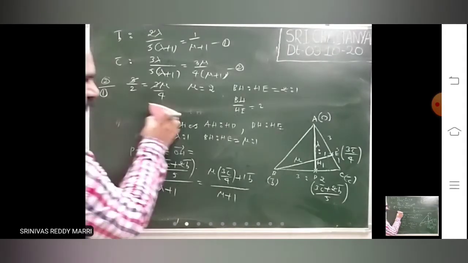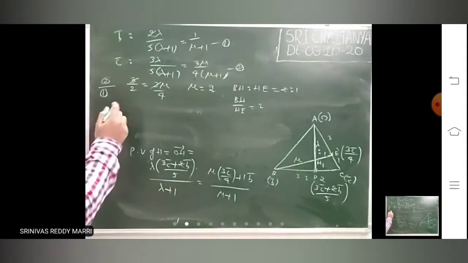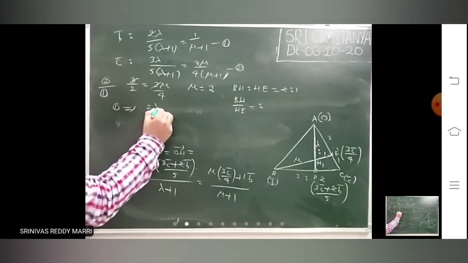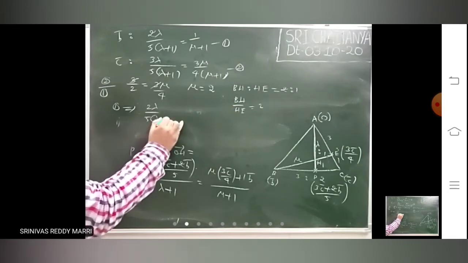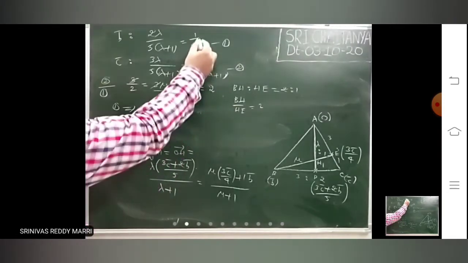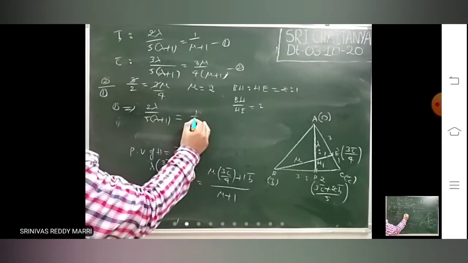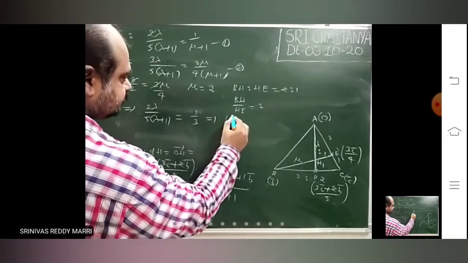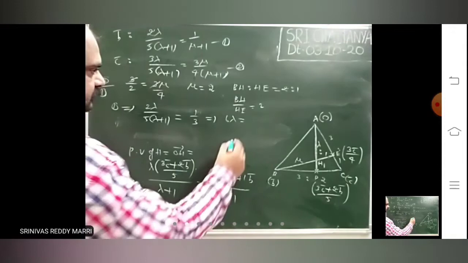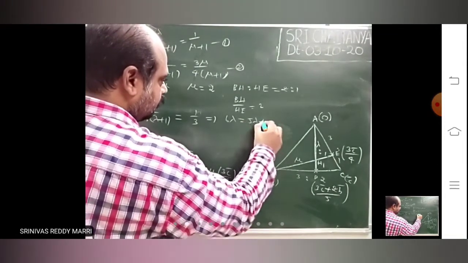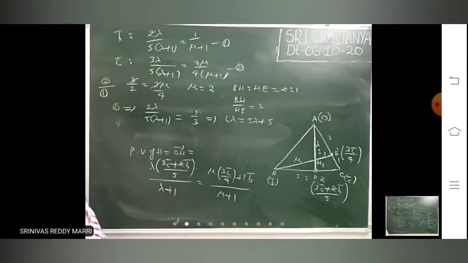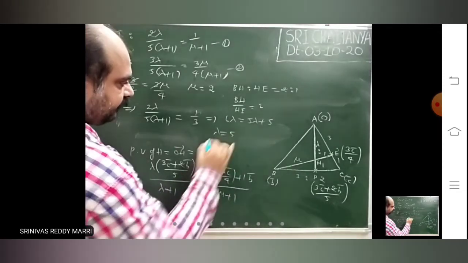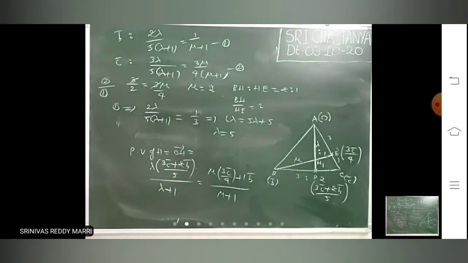Suppose by using this mu you put it in the first equation, you can calculate lambda. So what is lambda? 1 divided by 3. So that means 6 lambda equals this, therefore lambda equal to 5.